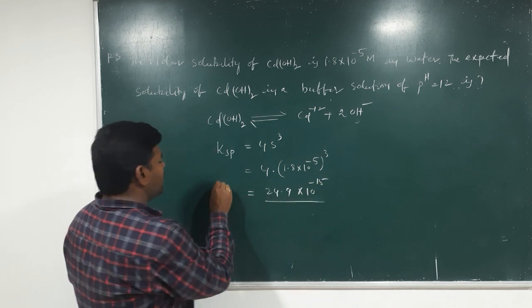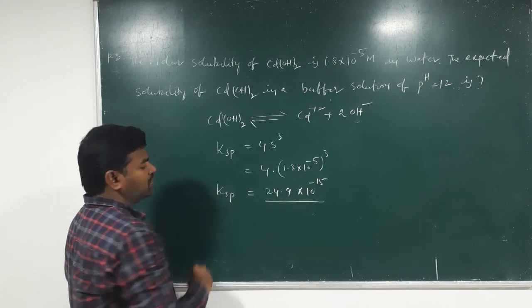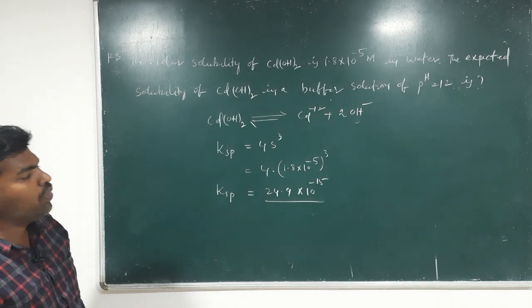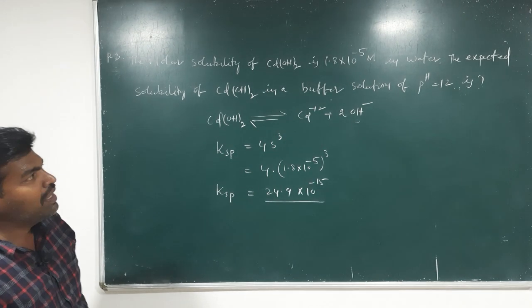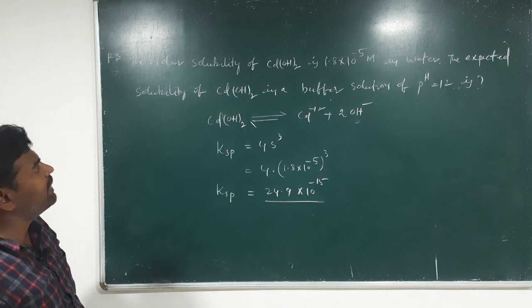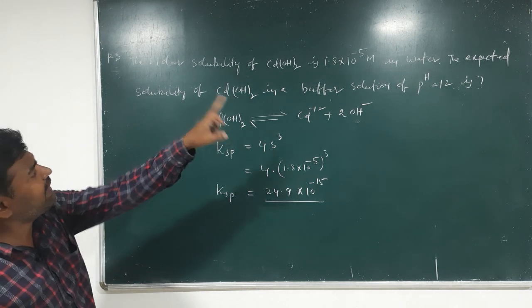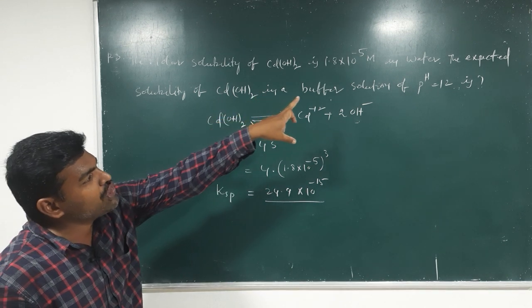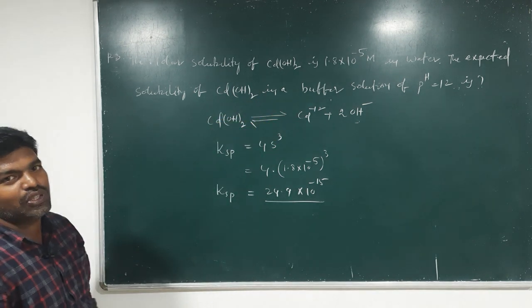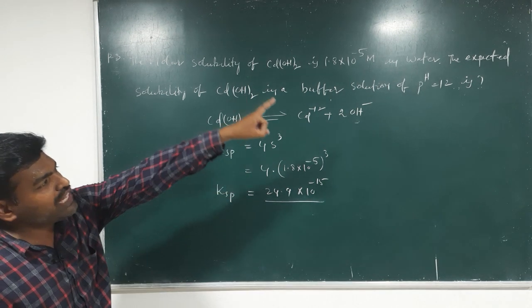So Ksp, the solubility product, is 24.9 into 10 to the power of minus 15. But they asked to calculate the expected solubility of cadmium hydroxide in a buffer solution of pH 12.